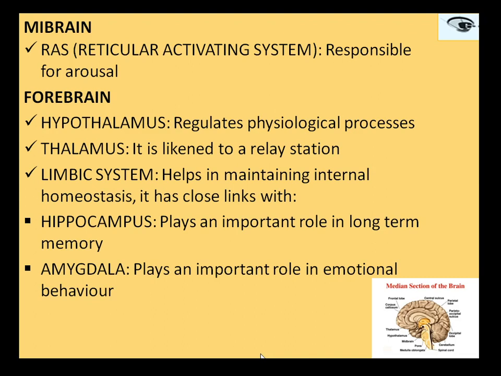Hippocampus, children, plays a vital role in the long-term memory, and amygdala plays an important role in the emotional behavior. So you must remember, what are they associated with? For the long-term memory, it's hippocampus, and for the emotional behavior, it's amygdala.